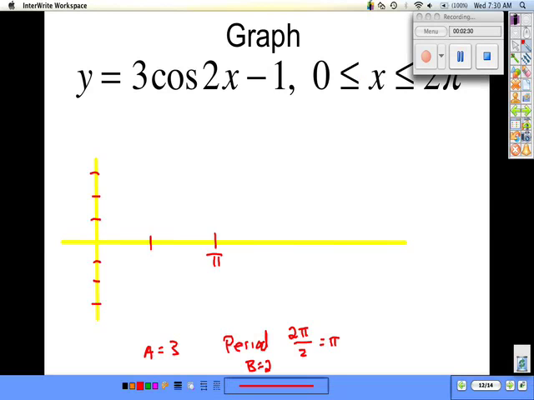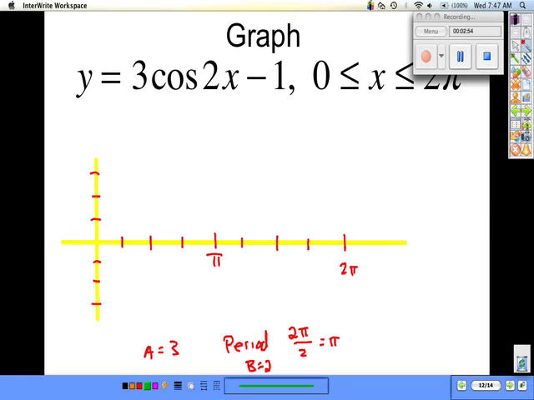So there's pi, and I'm going to mark the middle of this interval. So I'm going to mark out this period into 4 intervals, because that tends to work nicely for these curves. There's kind of 4 parts. And then I do need to go all the way out to 2 pi. So I'm going to be graphing 2 cycles of this graph.